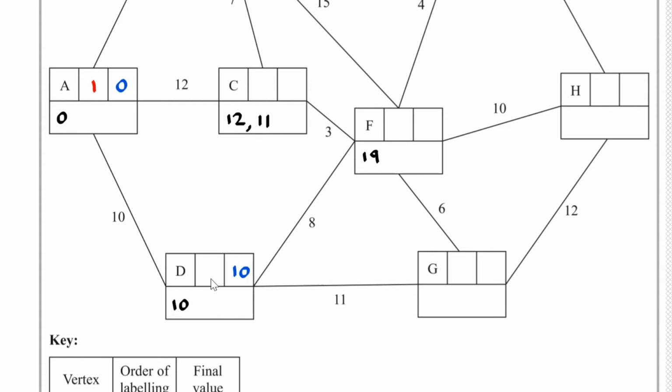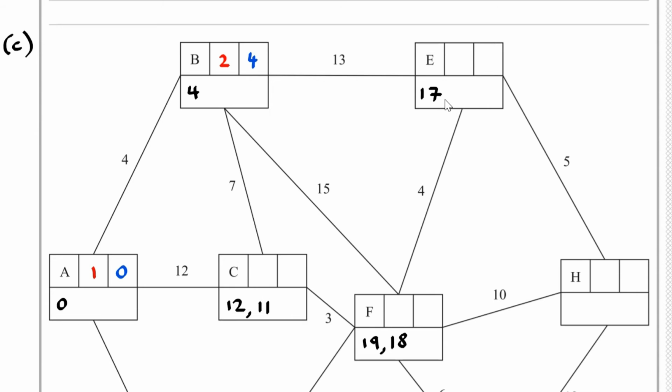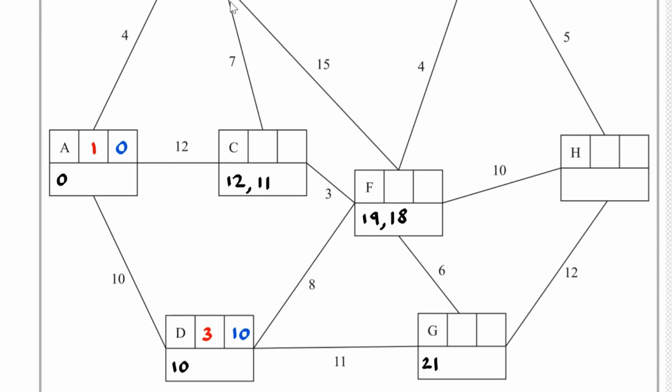D has order of labeling 3. 10 plus 8 is 18. 10 plus 11 is 21. And so the smallest one from 21, 18, 11 and 17 is 11. So 11 goes here.